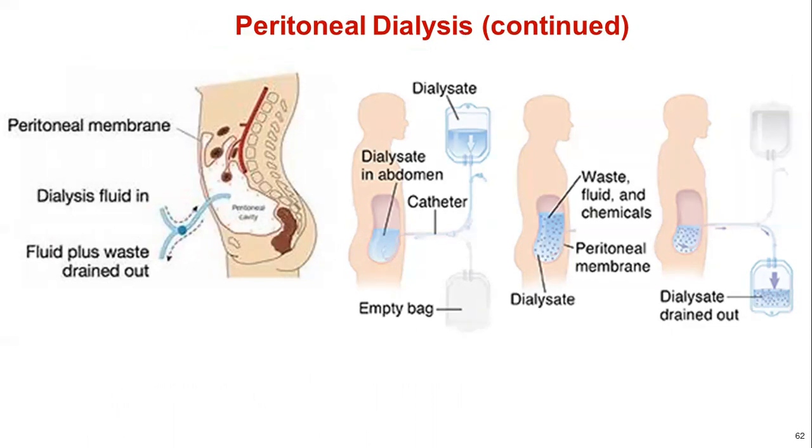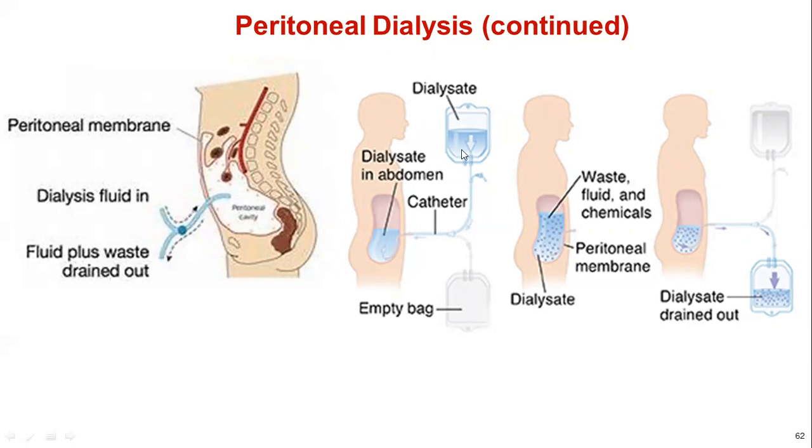So we use these facilities for peritoneal dialysis. This is the channel where we put the dialysis fluid passing inside, exchanging with the waste product, and the fluid plus waste comes out.